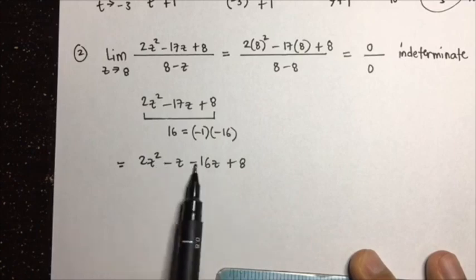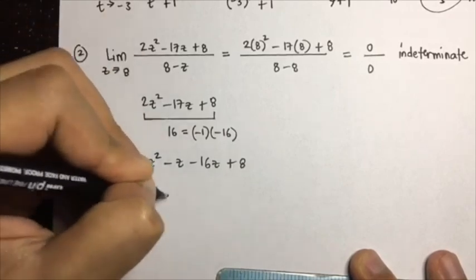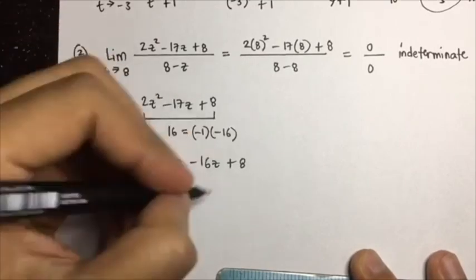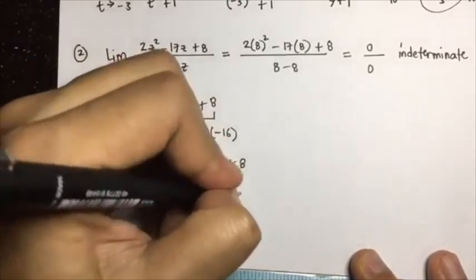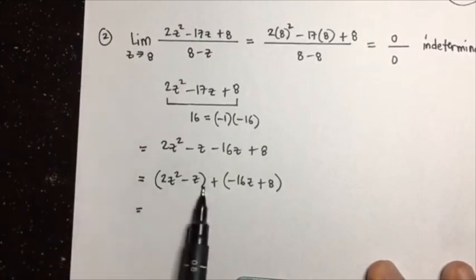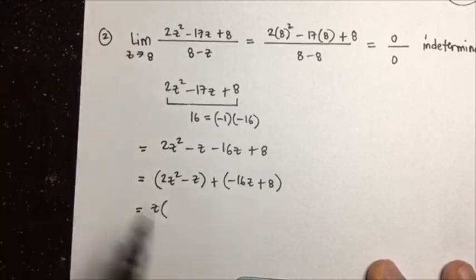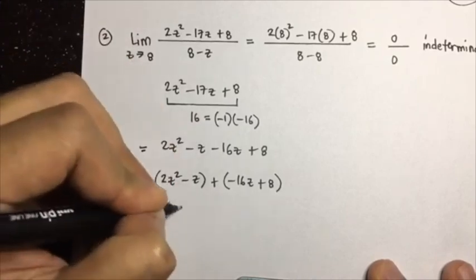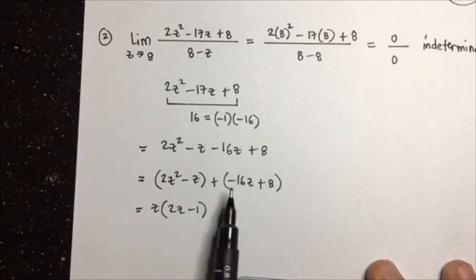But this way, we can now group the first two terms and the last two terms: 2z squared minus z, and then negative 16z plus 8. For the first group, the greatest common factor is z. We factor out z, and what remains inside is 2z minus 1.